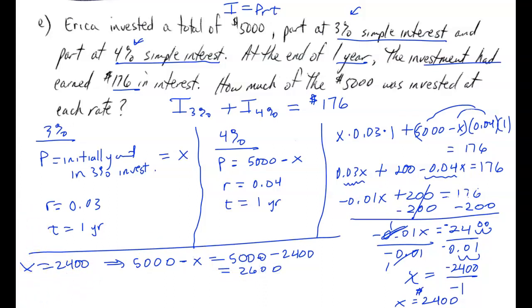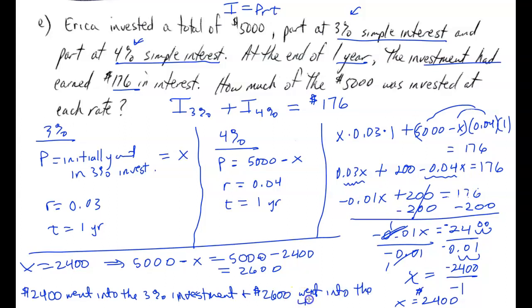So our final answer is that we know that 2,400 went into the 3% investment, and 2,600 went into the 4% investment. So that would be how you would properly answer that question.